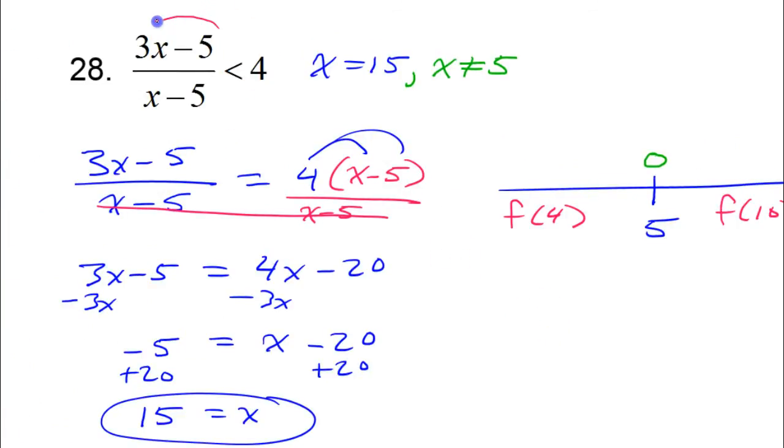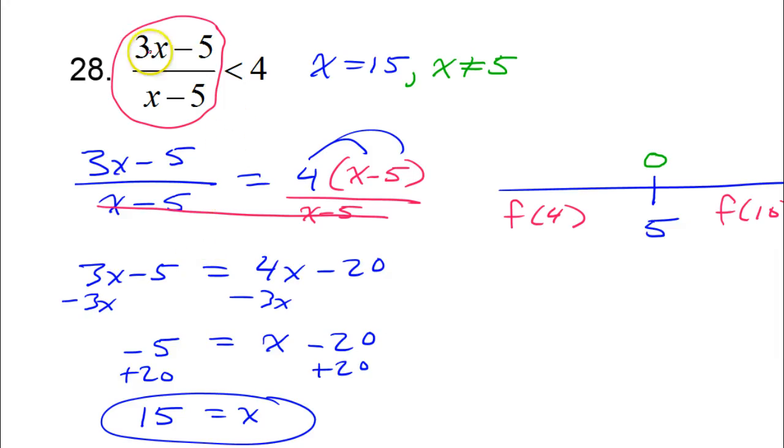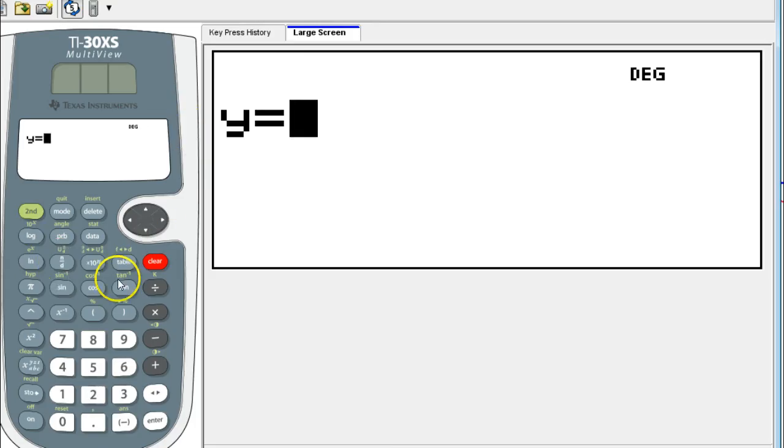To help me out, I'm going to enter the left part of my inequality into my TI-30XS MultiView. So 3x minus 5 over x minus 5.